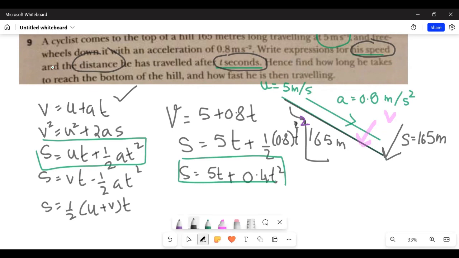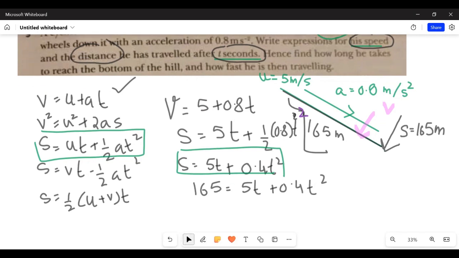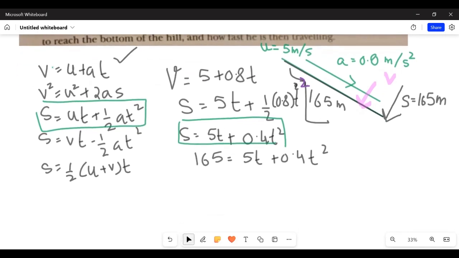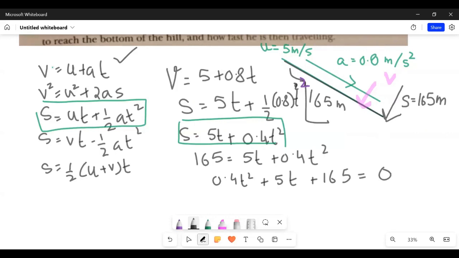So you need t. We get a quadratic equation in terms of t: 0.4t squared plus 5t minus 165 equals 0.